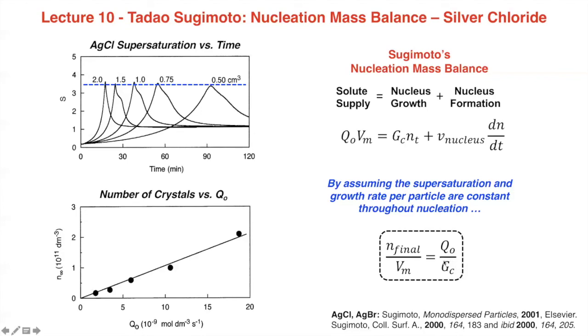So fast growth kinetics means you don't need very many crystals to outcompete the supply before the nucleation shuts off. But if your crystals are reluctant to add monomers, you need a lot of them in order to consume all of that solute supply. It turns out that in these kinds of conditions the nucleation rate is actually not that important.